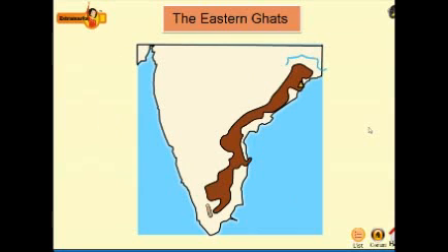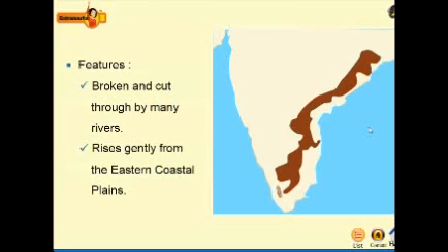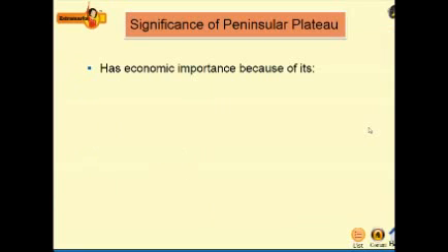In the map you can see the Eastern Ghats marked. The features of the Eastern Ghats are: it is broken and cut through by many rivers, and it rises gently from the eastern coastal plains. Let's see the significance of the Peninsular Plateau.